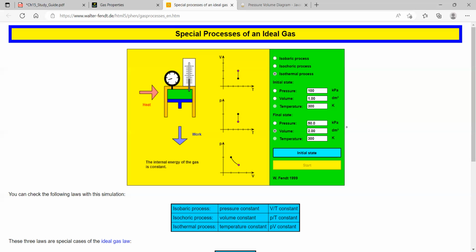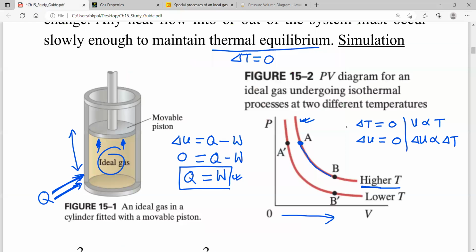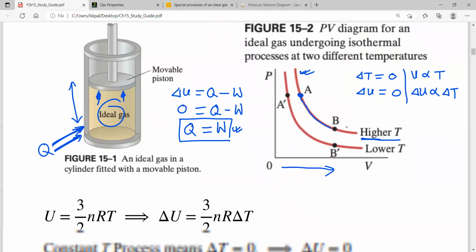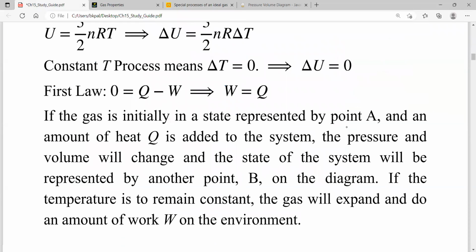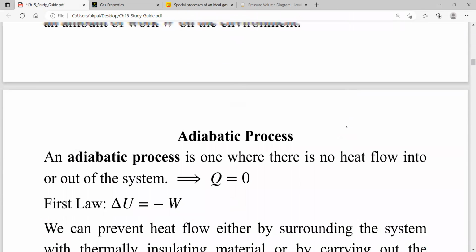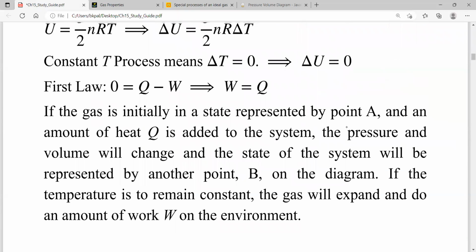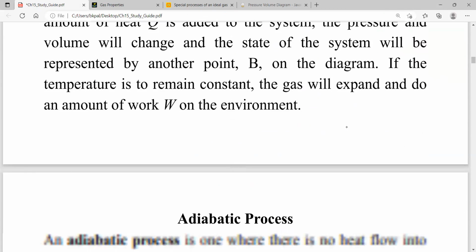Okay. All right, so that is the isothermal process. Let me go back. All right, so this equation you already see. So for the isothermal process, this is the equation: W is equal to Q, or Q equal to W.